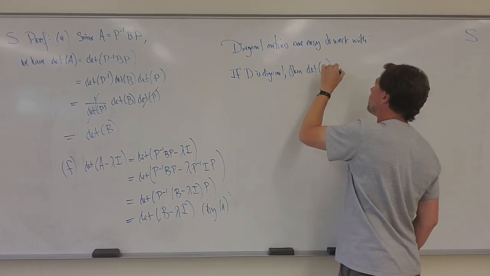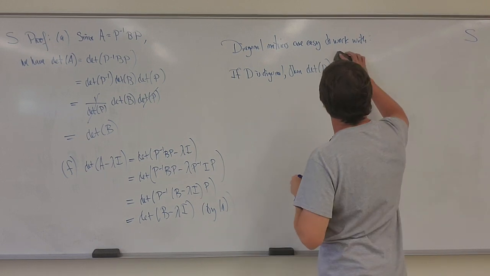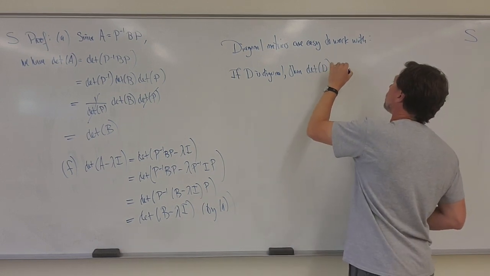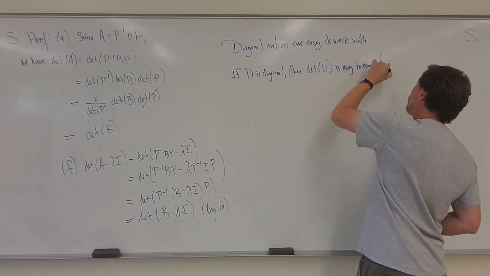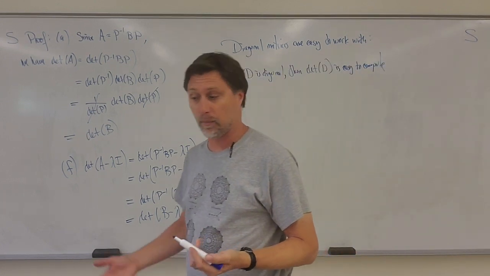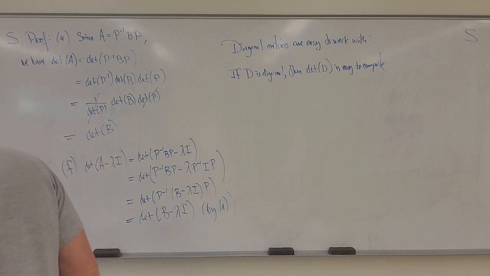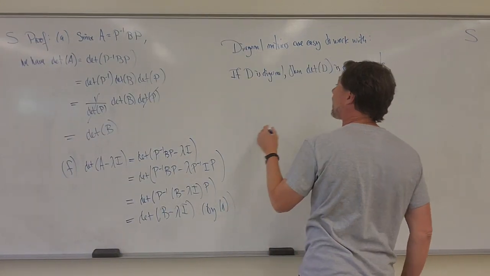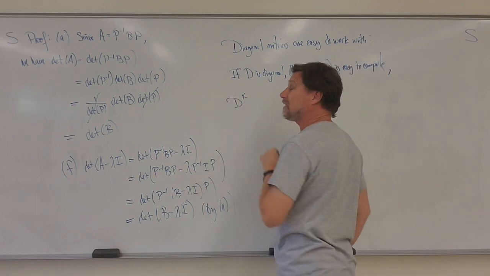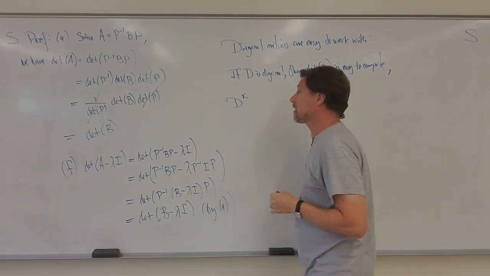So the determinant of D is easy to compute, right? Normally, when you compute a determinant, that's a big process, but here it's easy. Raising D to a higher power, D raised to the K, is easy to compute.